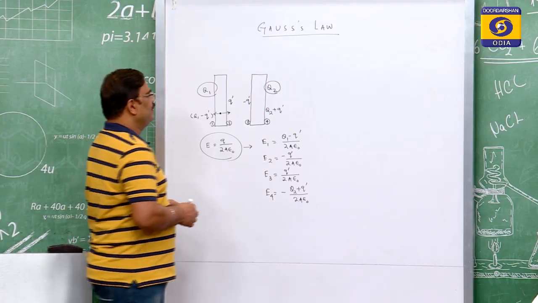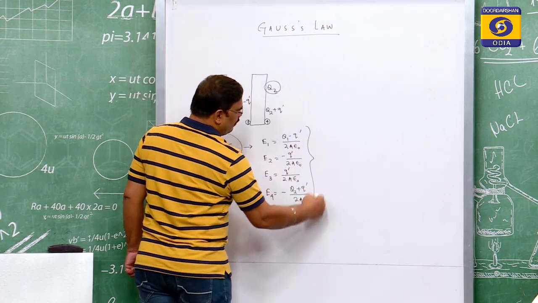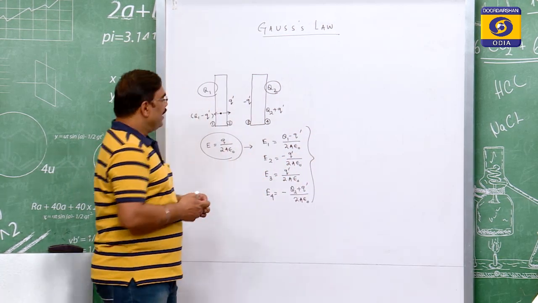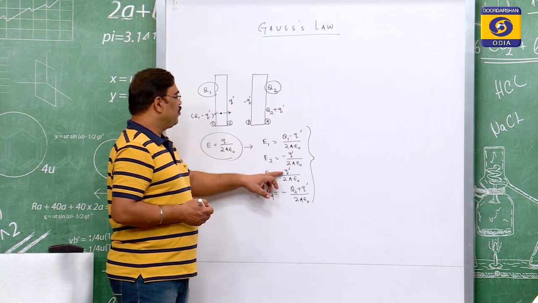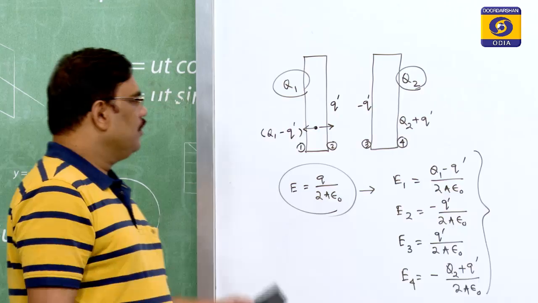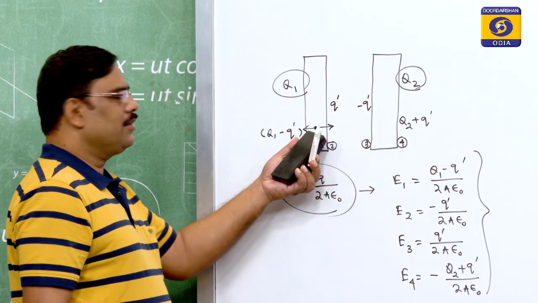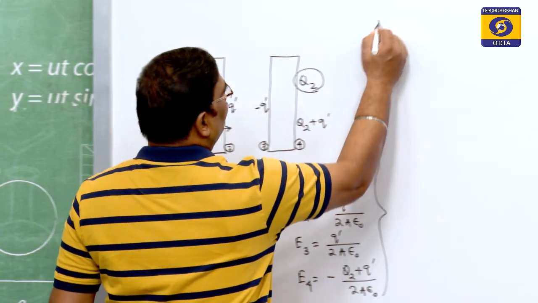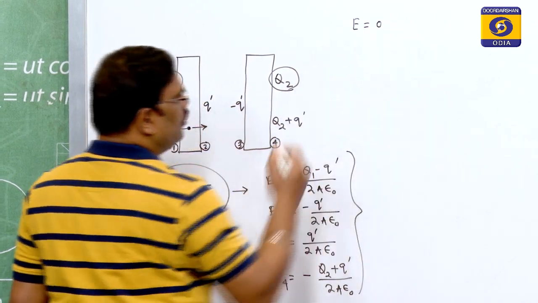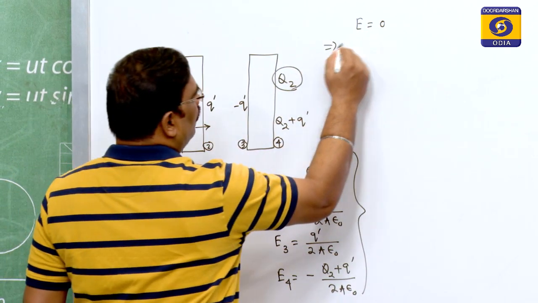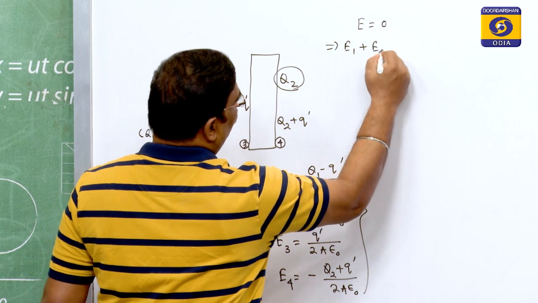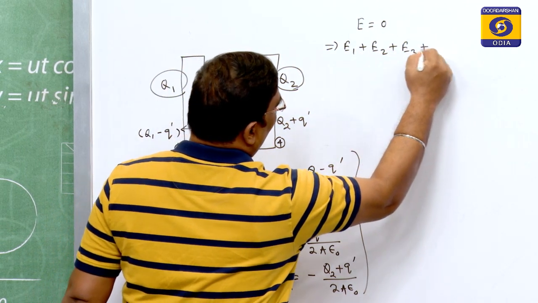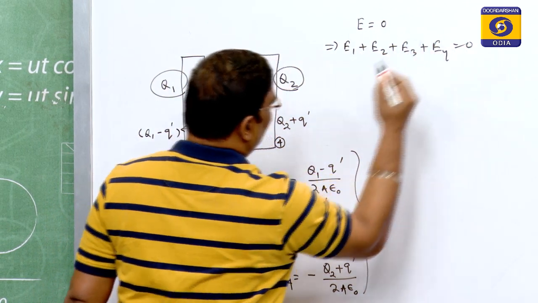I have considered the directions of the electric fields by taking positive and negative signs. Since the net electric field inside a conductor is 0 according to Gauss law, we get the net electric field E equal to 0. Therefore, E1 plus E2 plus E3 plus E4 is equal to 0.